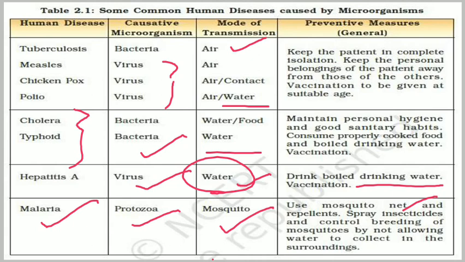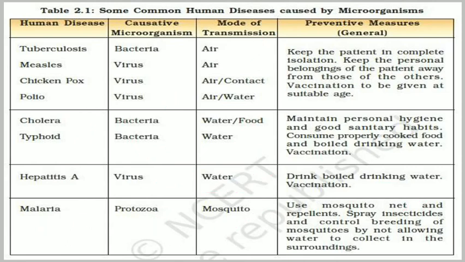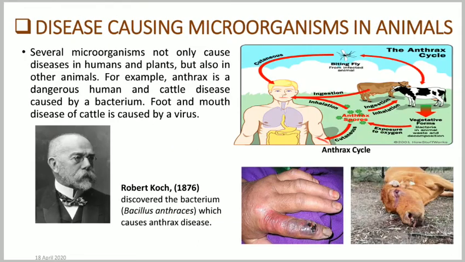And those mosquitoes will do what? They will infect one person after another, isn't it? Thus we should control the breeding of those mosquitoes. Now, as microorganisms infect human beings, similarly they infect animals also.